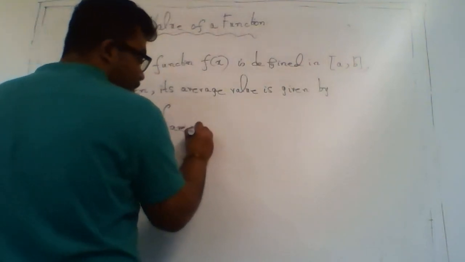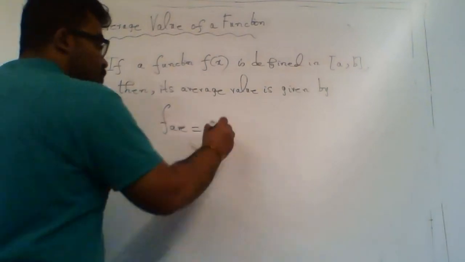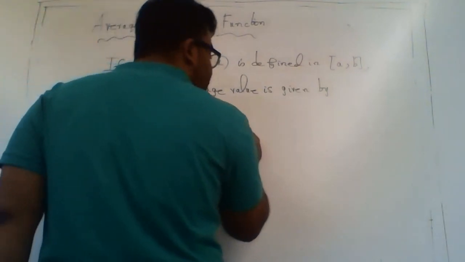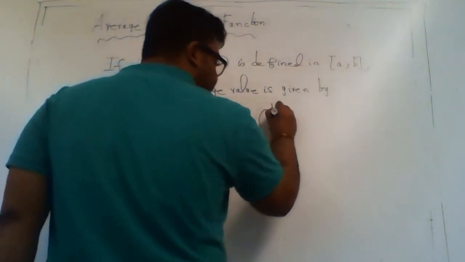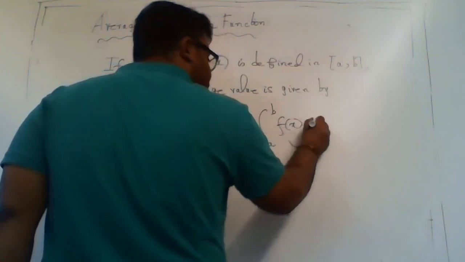This is the formula for average value. This is equal to 1 by (b minus a) times the integral from a to b of f(x) dx. This is the formula for average value.